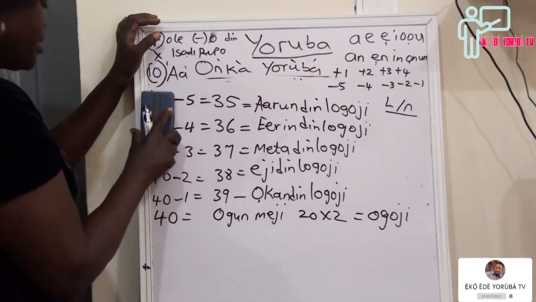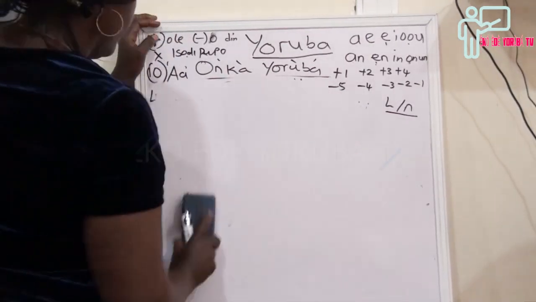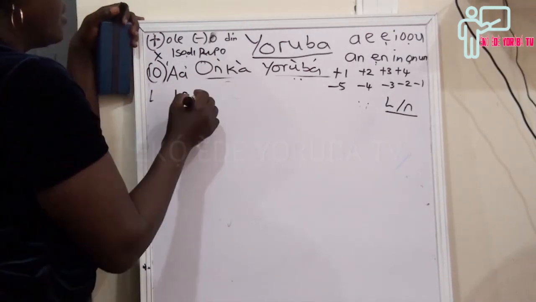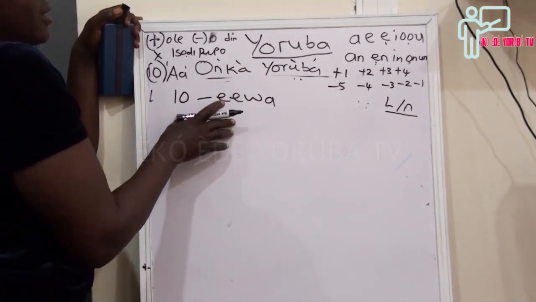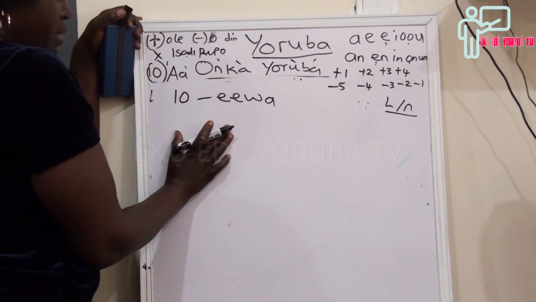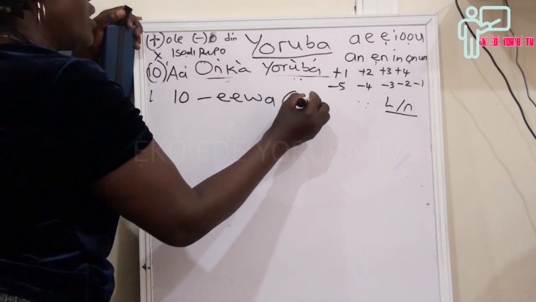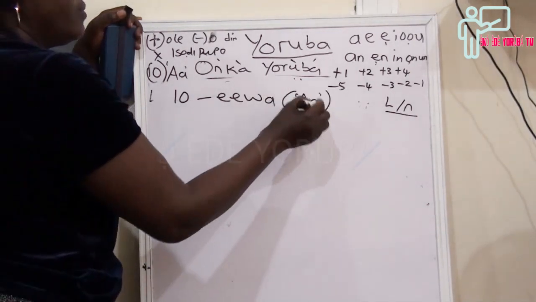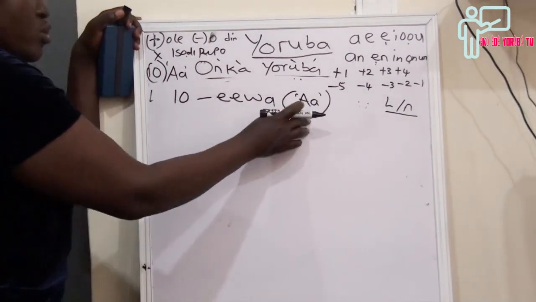So I want to read it. So, and I told you that 10 is ẹ̀wá, but in Yoruba numbers, which is òǹkà Yoruba, I told you that we have what we call... this is when we get to the place, we make use of it.